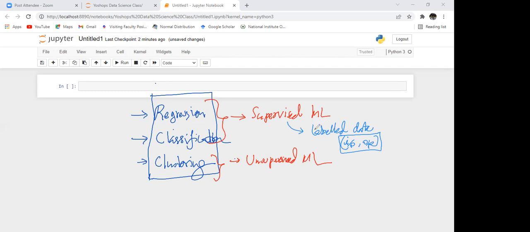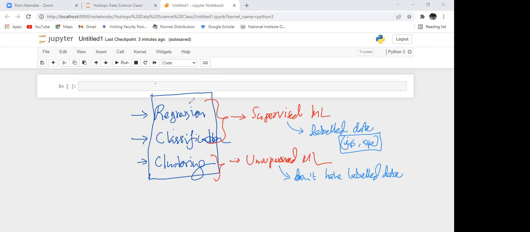And you will use labeled data to train the model. When you talk about unsupervised machine learning, meaning you are talking about the case when you do not have labeled data with you. You don't know the output, the corresponding output. The only thing you know is the input data points. So first thing is this.